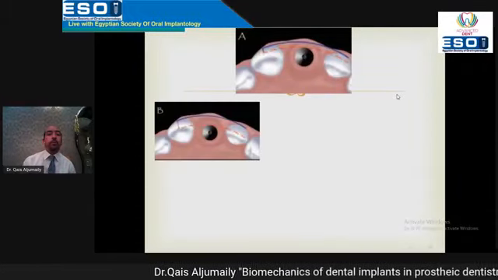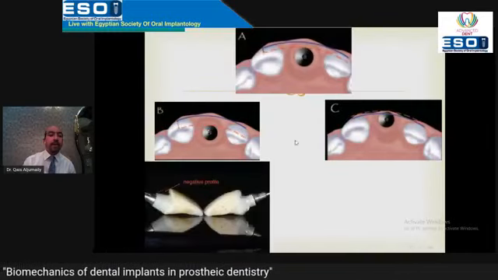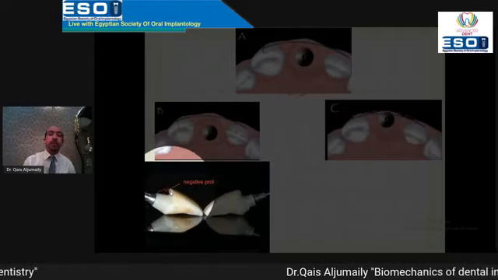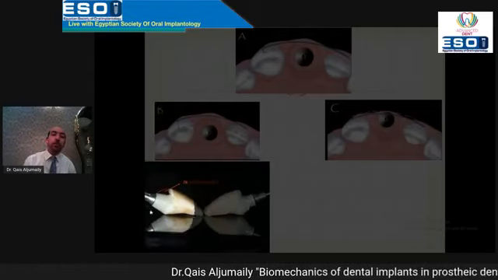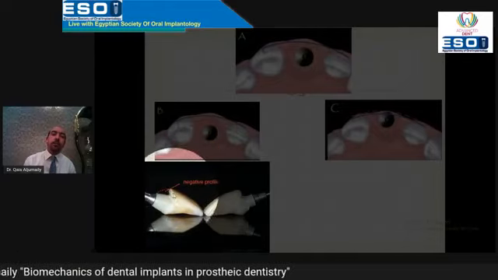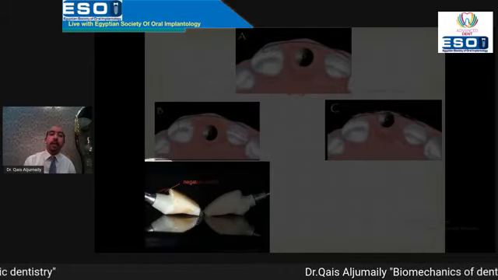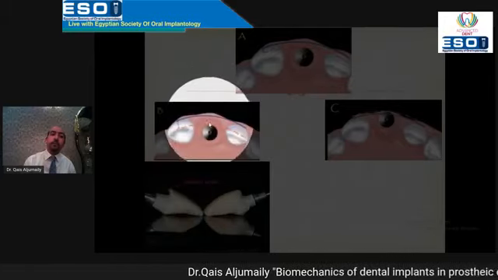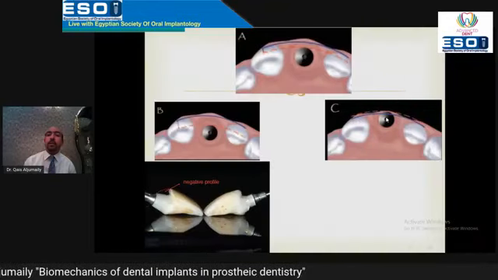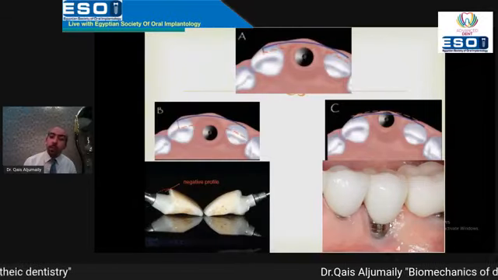So if we put it too much palatal, the result will end in this negative profile. I cannot create my optimum, nice emergence profile. This is called the negative emergence or negative profile, and this is an unhygienic design of a crown covering the soft tissue here. While if I put it too much labially, the result, as I said, is metal display, bone resorption and gum recession in the future.